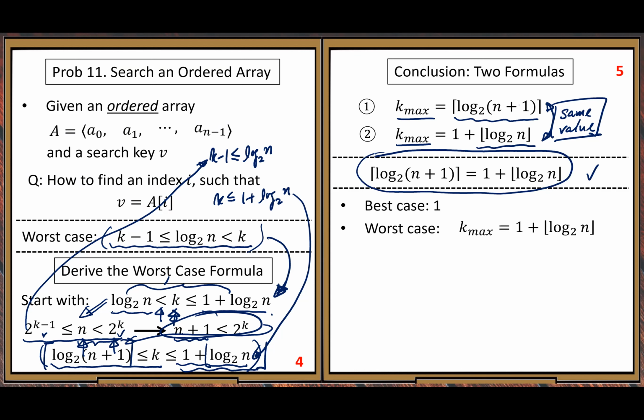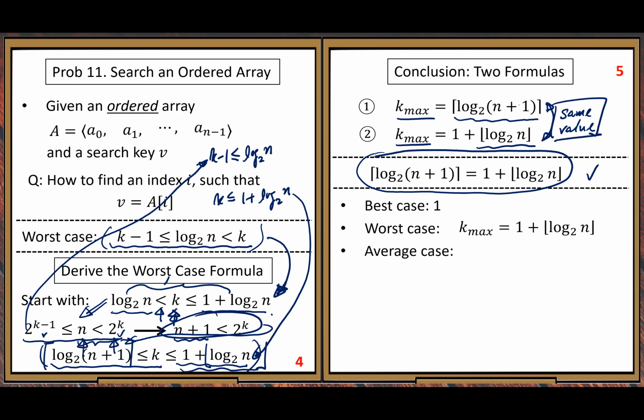You need to know this, okay? I may skip the mathematical induction part because it takes too much time, at least half an hour to go through the details.